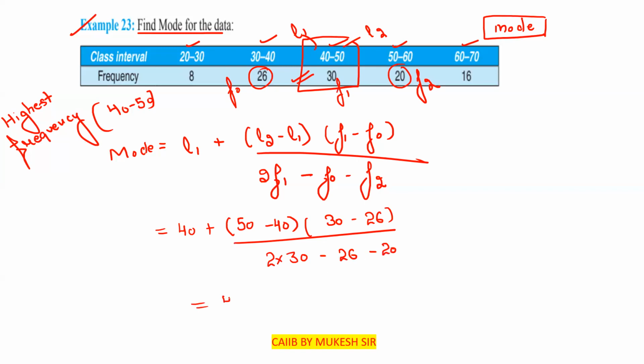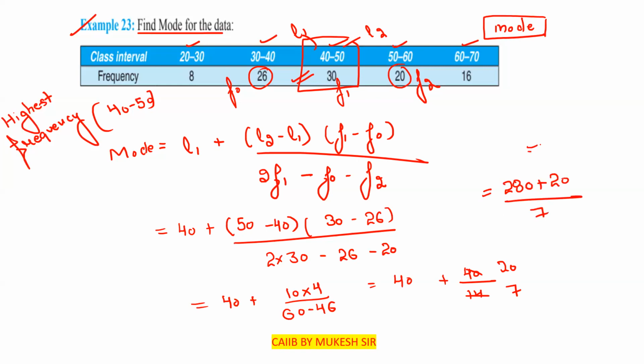So here it is 40 plus 10 into 4 upon 60 minus 46, which is 40 plus 40 upon 14, that is 40 plus 20 upon 7. 7 fours are 280, plus 20 upon 7, it comes out to 300 upon 7.